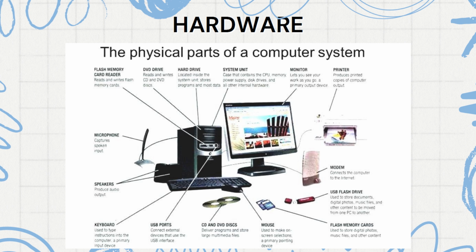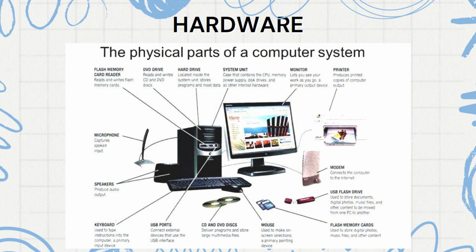Next is the flash memory card, mostly used to store digital photos and music. Next is the mouse. The function of the mouse is to point at objects on the monitor, copy and move, select words, and zoom in or zoom out.